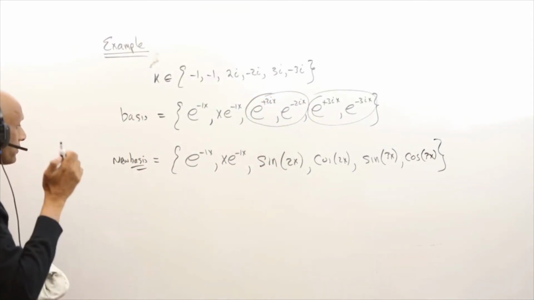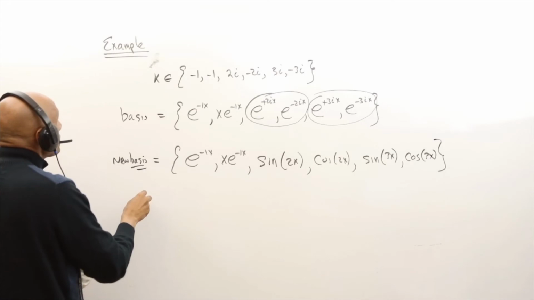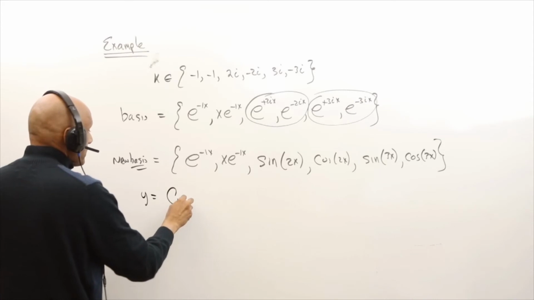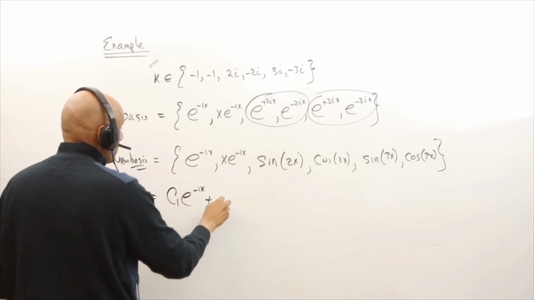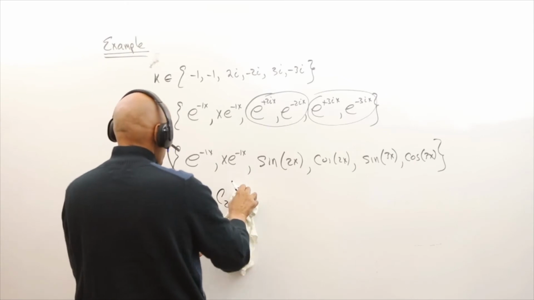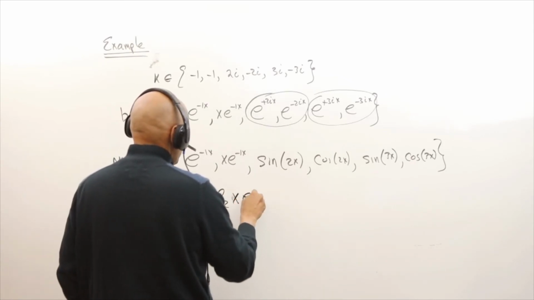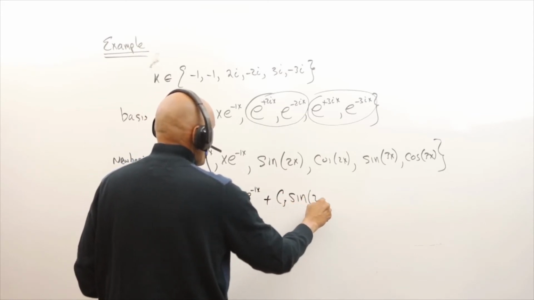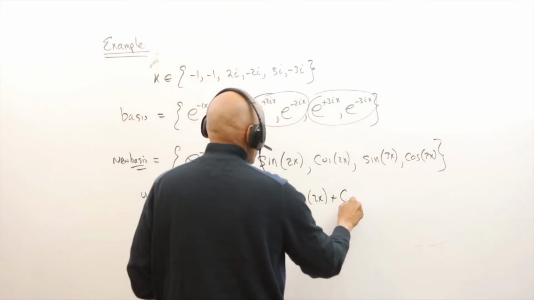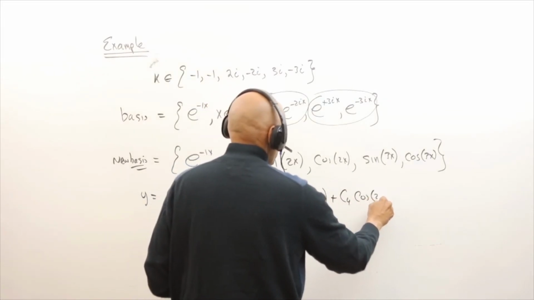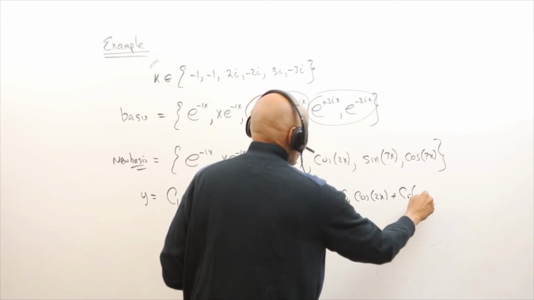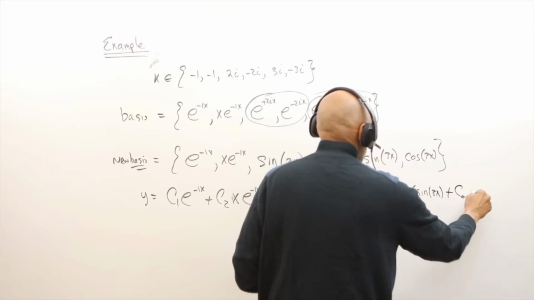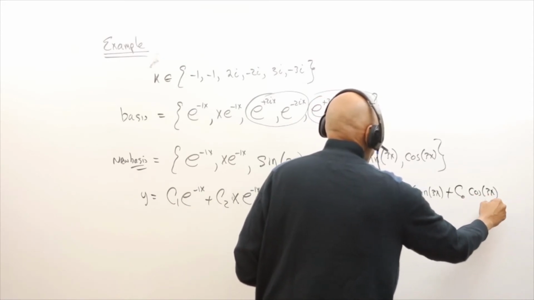If we use these new basis functions, then our general solution for the original differential equation y is going to be written as some constant c1 e to the minus x plus c2 x e to the minus x plus c3 sine of 2x plus c4 cosine of 2x plus c5 sine of 3x plus c6 cosine of 3x.